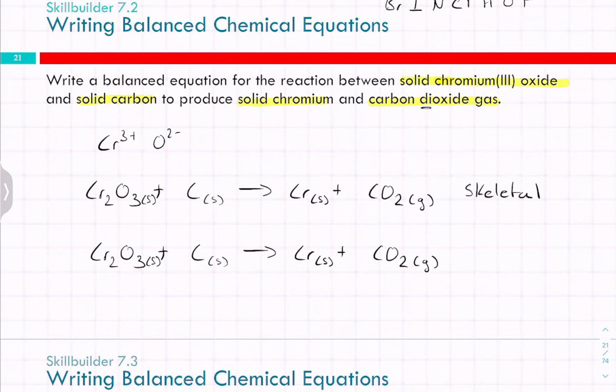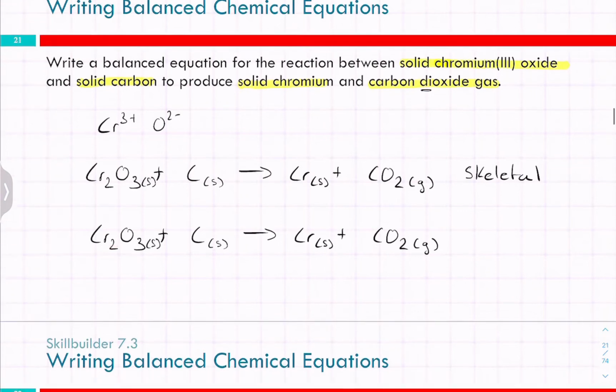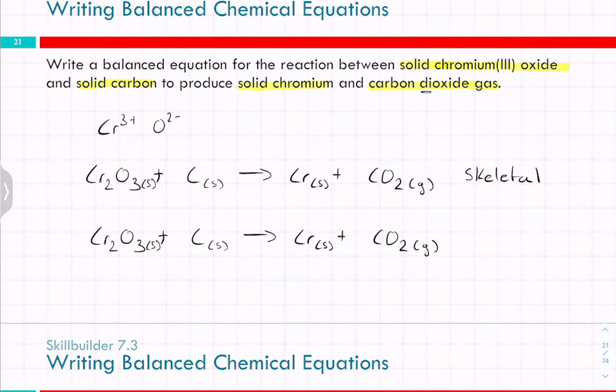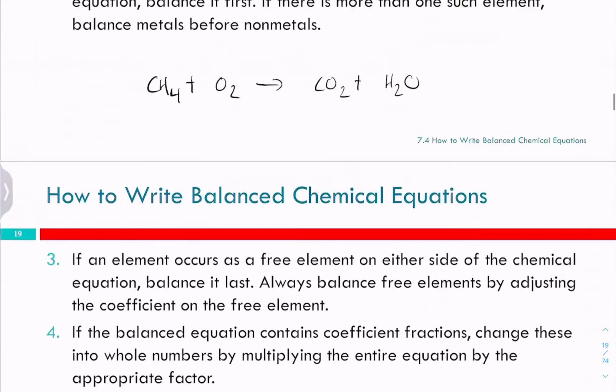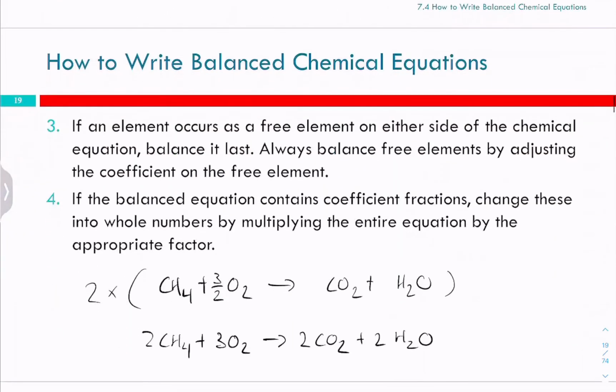But since we do have a metal here, we're going to balance chromium first. And that conveniently leads into one of the other rules. If an element occurs as a free element on either side of the chemical equation, balance it last. They all kind of exist as free elements. Always balance free elements by adjusting the coefficients on the free element.